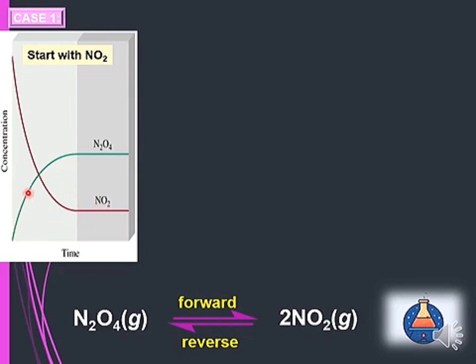Okay, but look at the curve of NO2. Dia pengurangan dia lebih banyak berbanding pertambahan N2O4. Kenapa? Okay, 2NO2, 2 mol kat sini kan. Okay, bermaksud dia akan berkurang 2 kali ganda, di mana N2O4 akan bertambah concentration dia sebanyak 1 kali ganda. So, number of mole in your balancing equation juga memainkan peranan dekat sini. Okay, so you need to be careful. Okay, pada satu ketika, the concentration for both reactant and product remain constant.